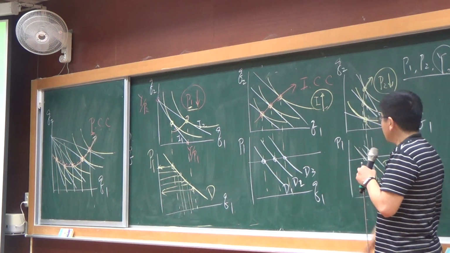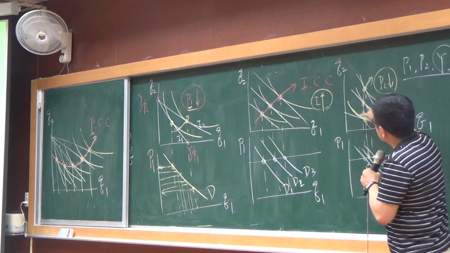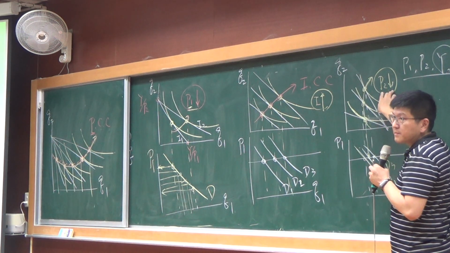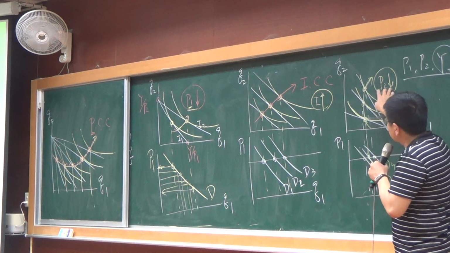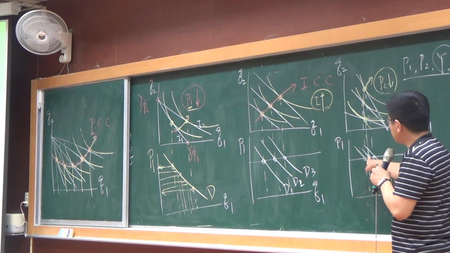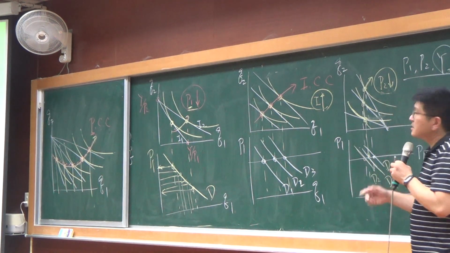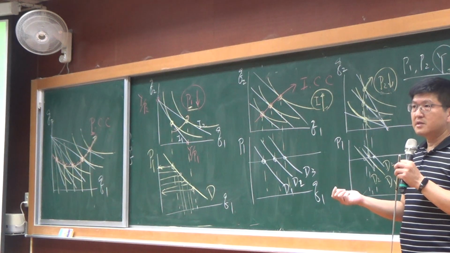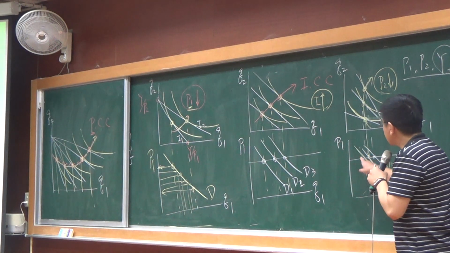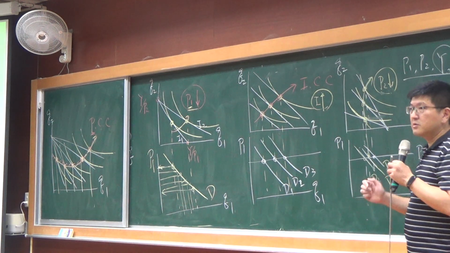It depends. So from D1 to D2, from here to here, after P2 decreases, we see the quantity demanded of Q1 become less, which means they are substitutes. Good 2 becomes cheaper, so I cut the consumption of Q1 because I buy more Q2.